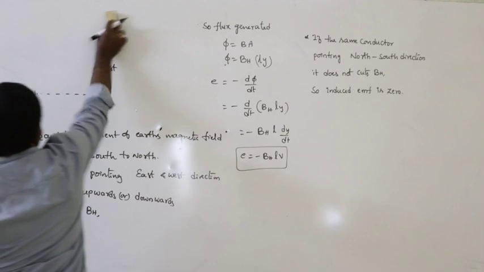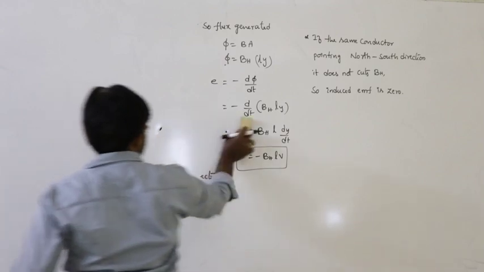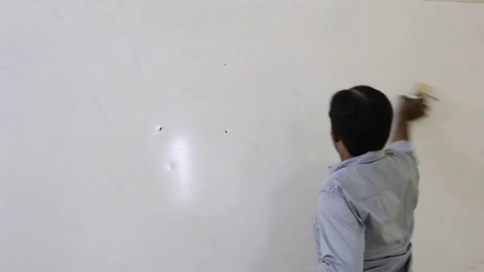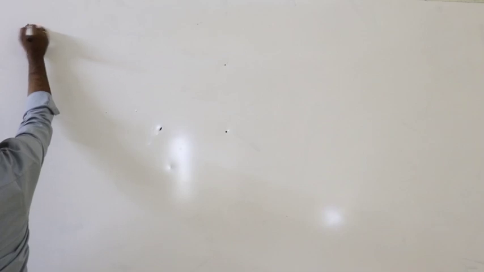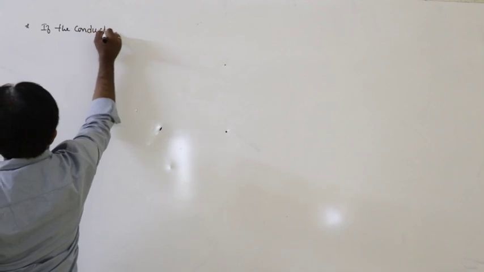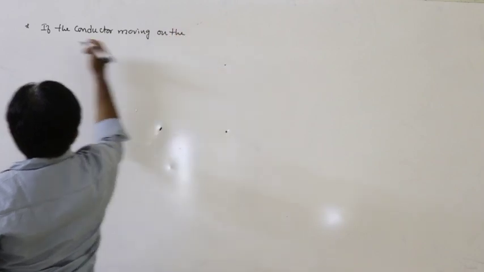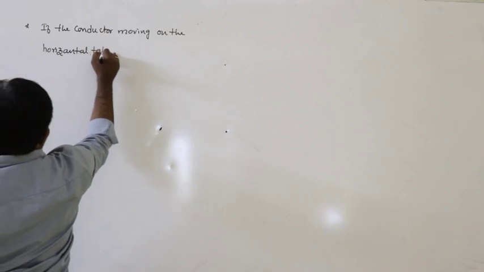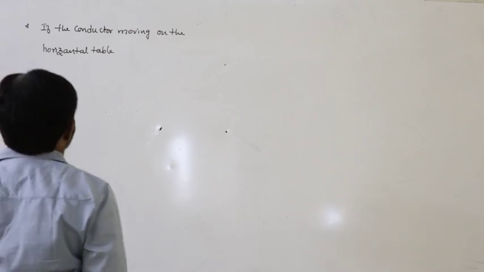Now the same situation, with one more thing here. If the conductor is moving on the horizontal table, along the table, then what happens?